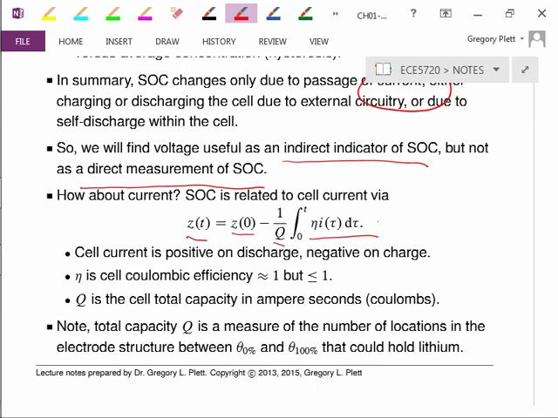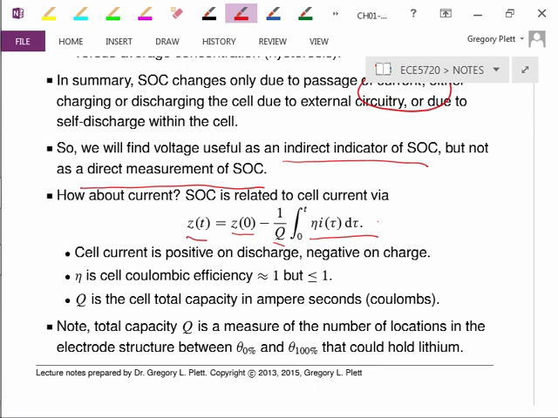Eta is coulombic efficiency, close to 1, but less than 1. And Q is the cell capacity, in this case, to get units right, in ampere seconds, but we can normalize to ampere hours also. So current, then, is what changes state of charge. And that's a critical thing.